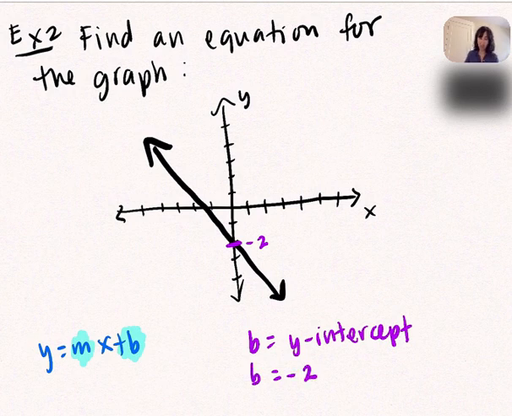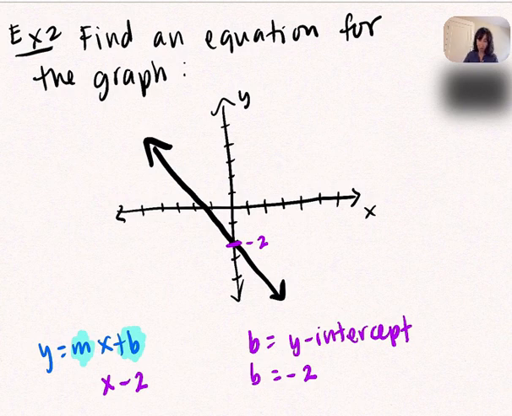And that's great because I can fill that in to this equation here. I can put -2 in the b spot. Now all we need to know is what m is, or what is the slope of this line?